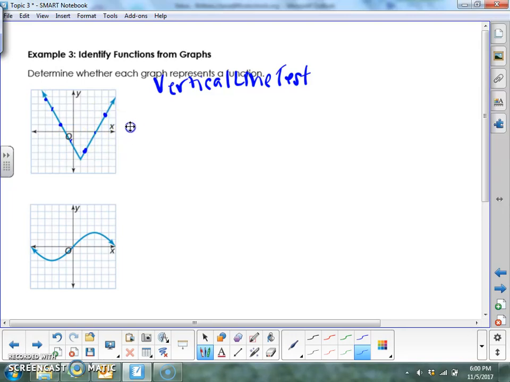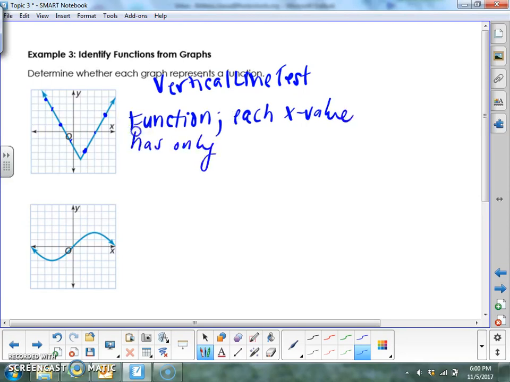So for this first one, this is a function. Function because each x value has only one y value.